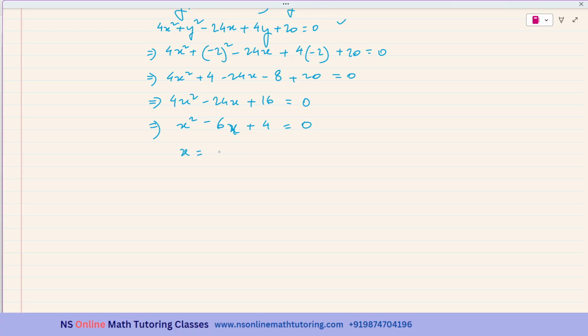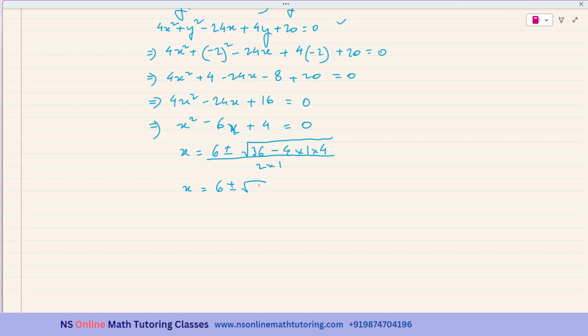So x is equal to minus b, b is negative 6, so 6 plus minus square root of b square, negative 6 whole square is 36, minus 4ac, so 4 times 1 times 4, over 2a, 2 times 1. Okay. So x is equal to 6 plus minus, 4 times 4 is 16 and 36 minus 16 is 20.